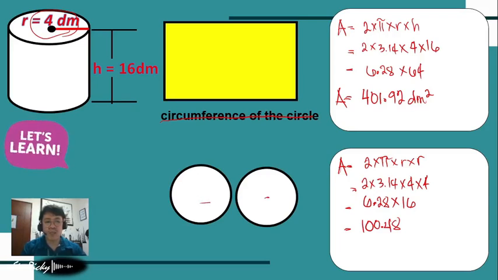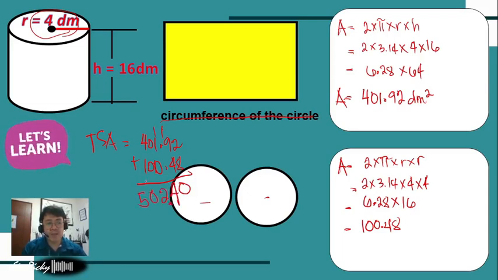So to get the total surface area, all we have to do is add the area of the lateral face, which is 401.92, plus the area of the two circular bases, which is 100.48. Okay, let's add this one. 2 plus 8 is 10, 9 plus 1 is 10, plus 4 is 14, 1 plus 1 is 2, 0, 5.